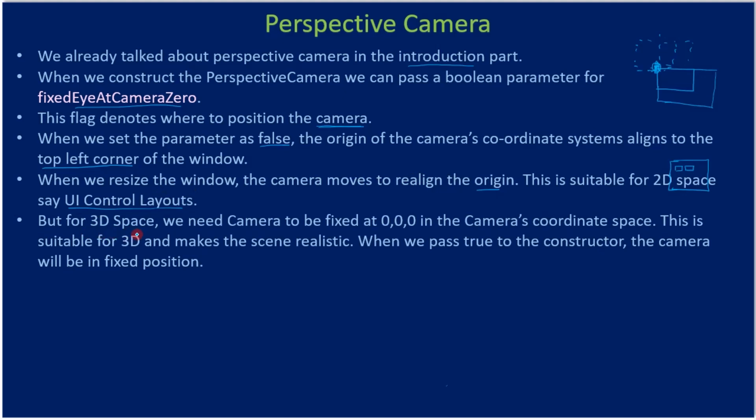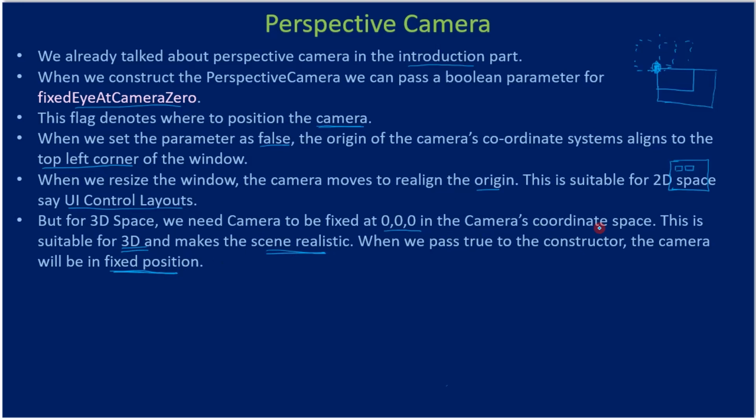But for 3D space, we need the camera to be fixed at 0, 0, 0 in the camera's coordinate space. This is suitable for 3D and makes the scene realistic. When we pass true to the constructor, the camera will be in a fixed position. It will not realign.